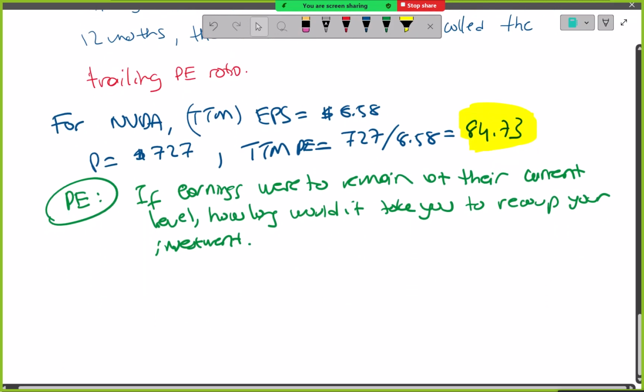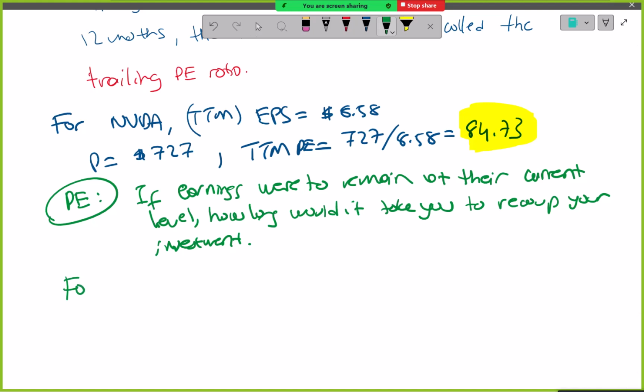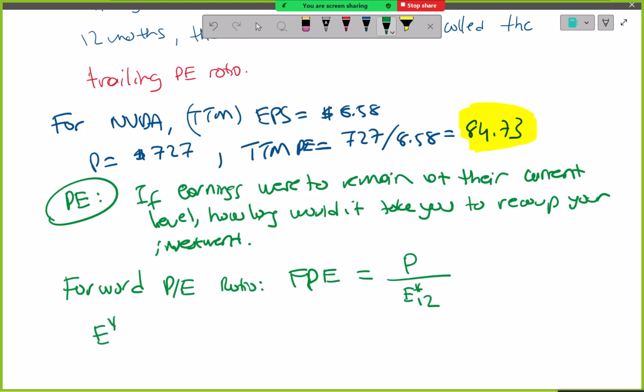For example, at a minimum, let's look at this. There is another PE ratio called forward PE ratio, short FPE, which is price divided by, I'm going to call that P star 12, expected earnings per share for the next 12 months.